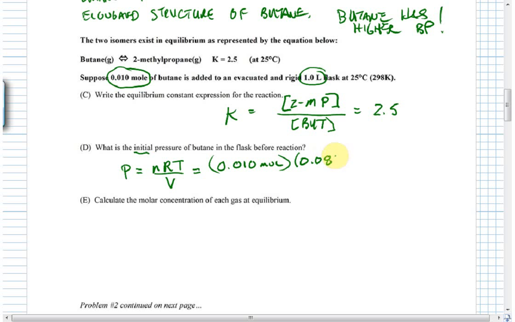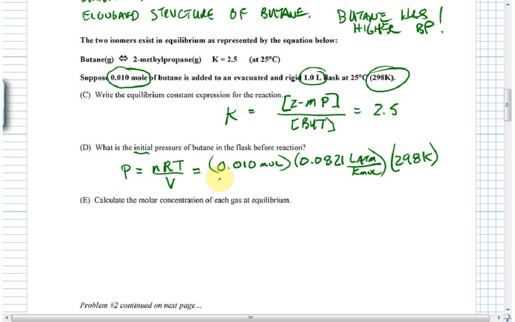You may have that already memorized, but it's on your cheat sheet if not. T is the temperature. I want to make sure I've got it in Kelvin. Again, the AP Chem exam may not be as generous as I was here. For example, I went ahead and did the conversion for you. Remember, Kelvin is degrees Celsius plus 273.